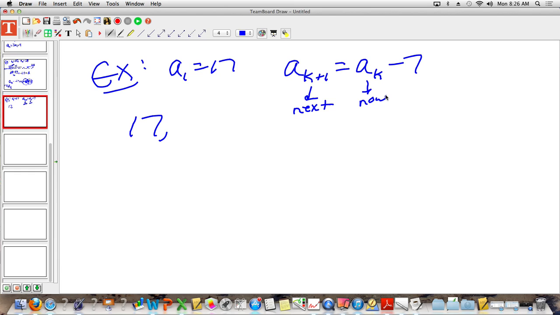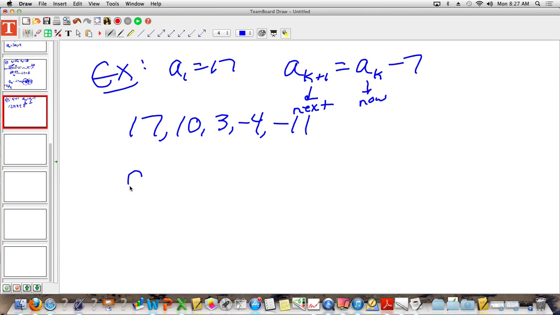So you are taking the term you have right now, and you're subtracting 7 from it. So 17 is the first term, minus 7 is 10, minus 7 again you get 3, minus 7 again you get negative 4, minus 7 again you get negative 11. So there's your first 5 terms.